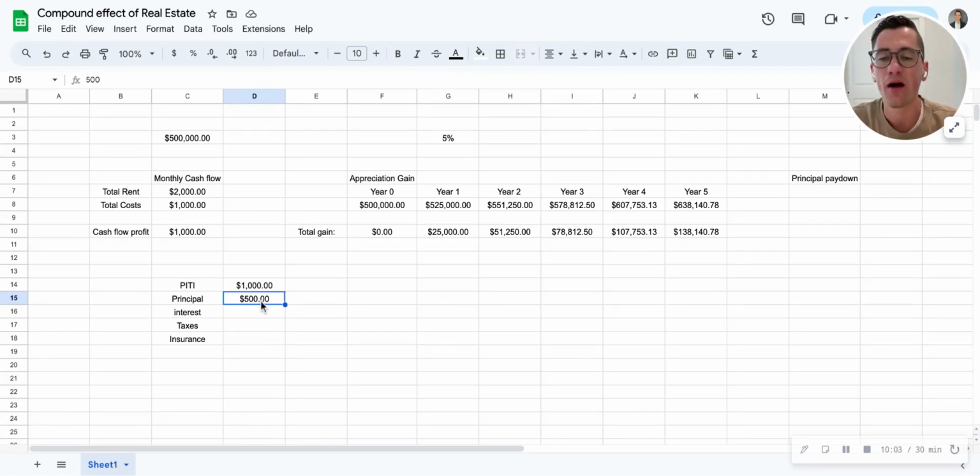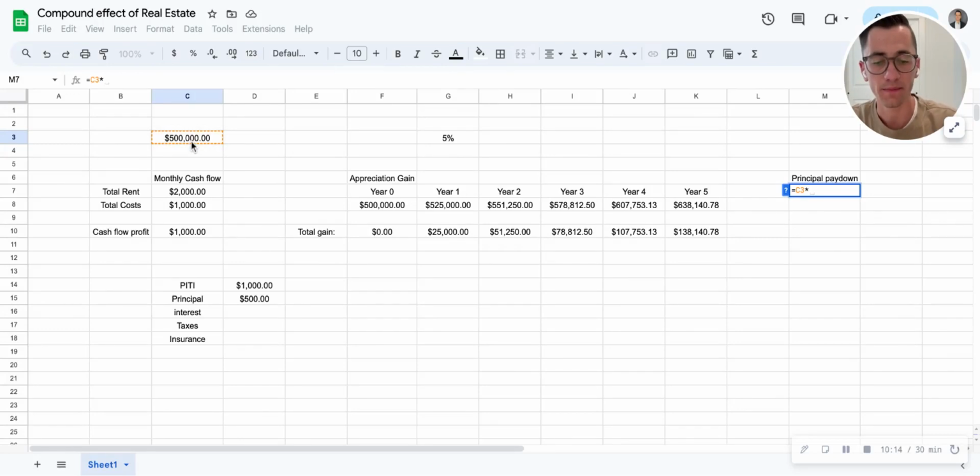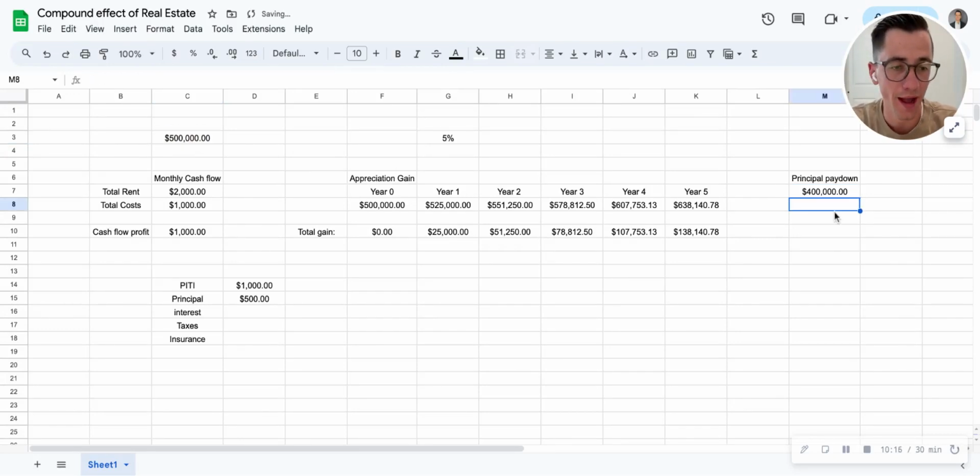So 500 of that will go towards principal pay down. We're saying it's times 80%. That's how much of a loan you have that you need to pay down. So every month you're taking that amount and subtracting $500. And that's what's going towards that.